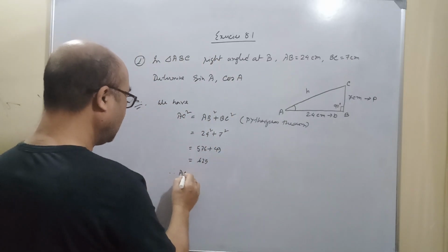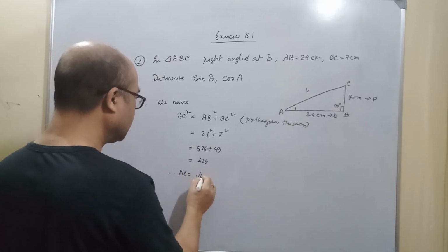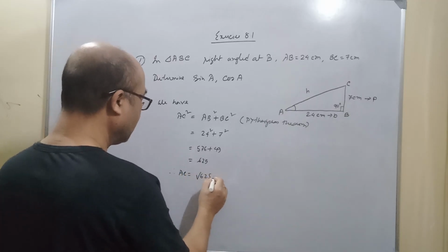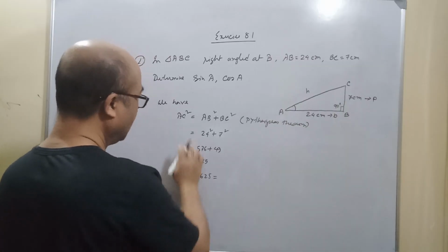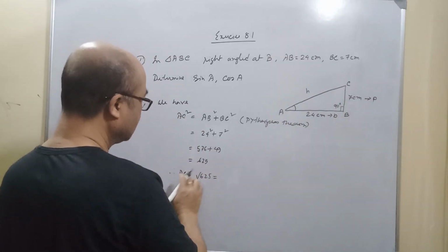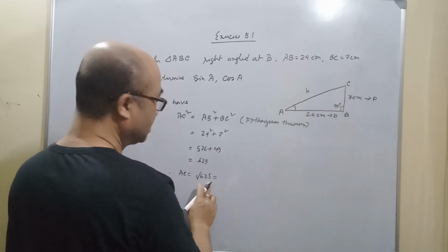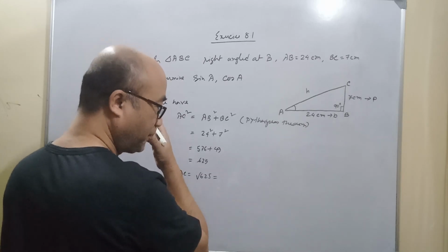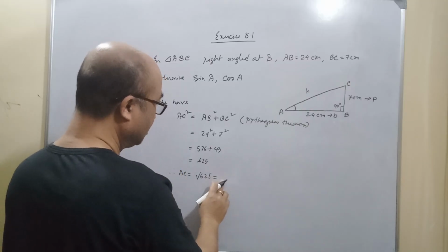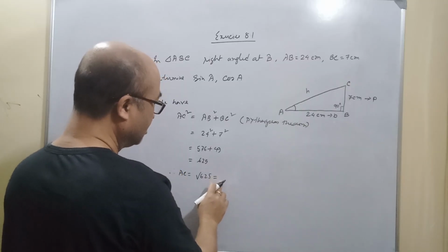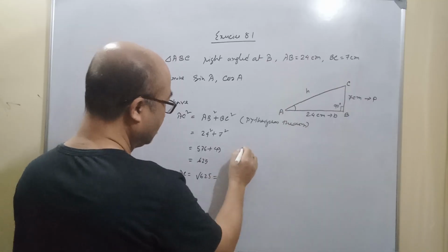Hence AC is the square root of 625, right? AC square is 625, so AC is the square root of 625, and the square root of 625 is 25, 25 into 25.